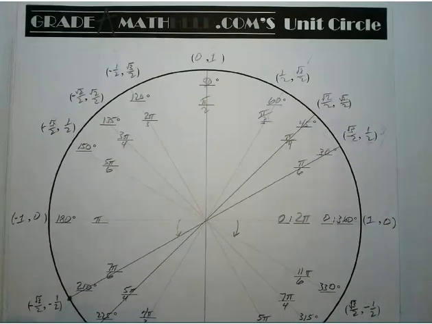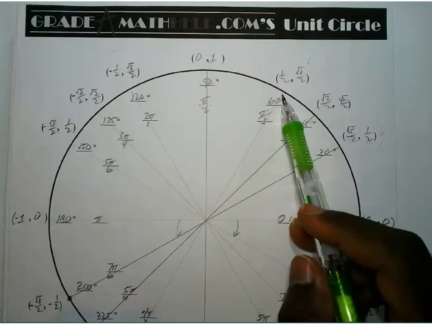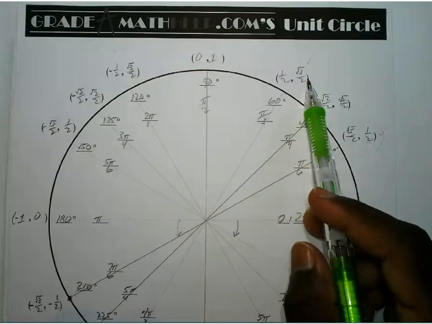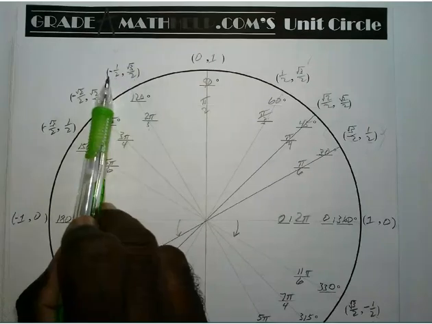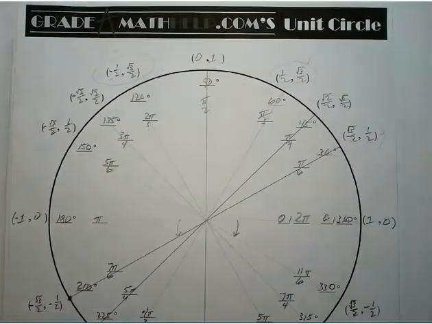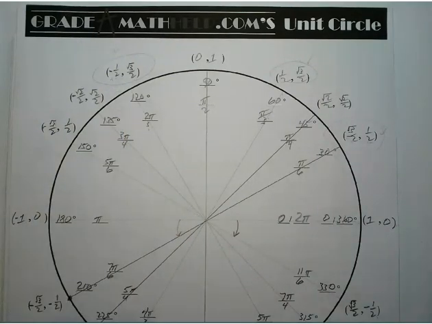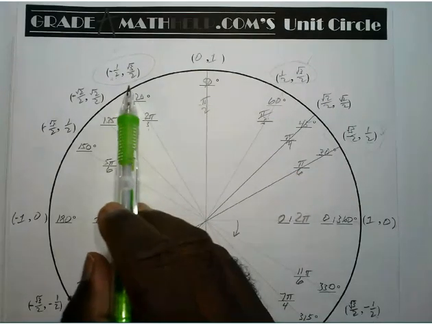Go back to your sheet here. There's pi over 3, which is 1/2 and square root of 3 over 2. And 2 pi over 3, which is right here, is 1/2 and square root of 3 over 2. The only difference is the x is negative. These two are exactly the same, just a negative 1/2 on that one. So that's why this reference number can be used for that point.